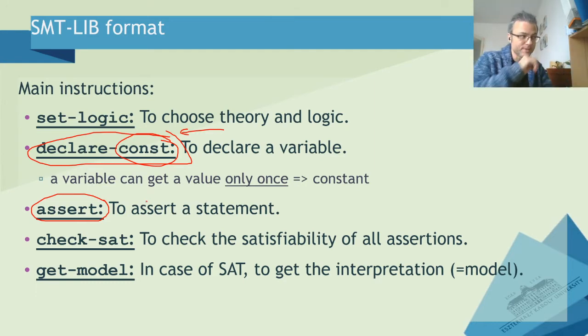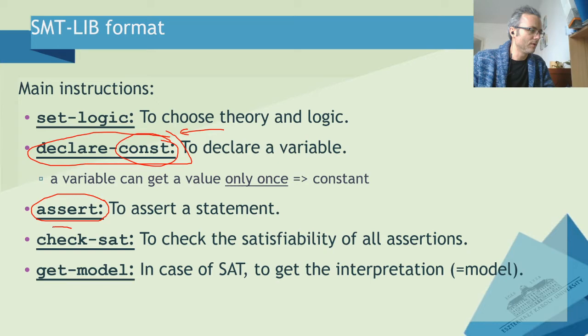So we will use the assert instruction to put conditions or logic statements in the code, basically, and this is what we need all the time. Okay, in a minute I will start to write an SMT-LIB problem, and I will show you how to execute it.